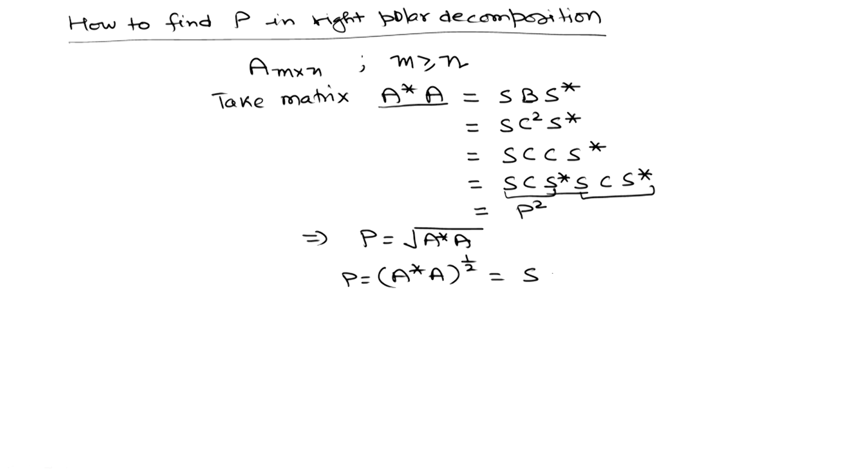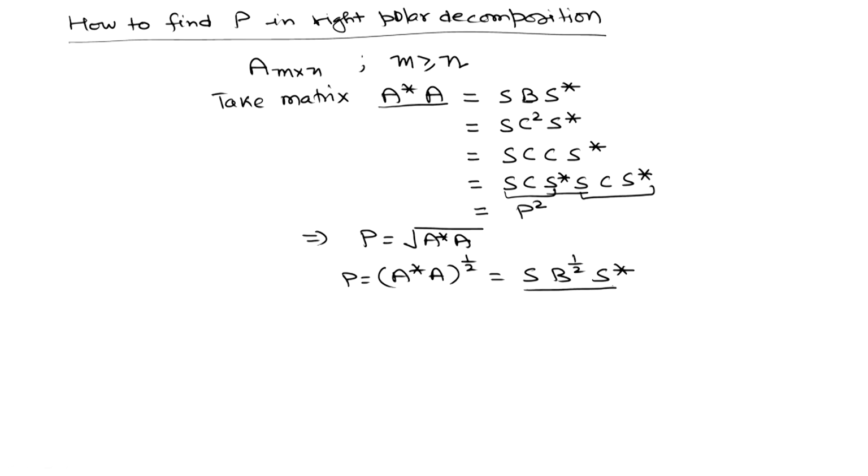It will become S into B raised to power half into S star, and here B is a diagonal matrix. So, B raised to power half will be just the square root of each diagonal entry. In this way we can find P in the right polar decomposition.